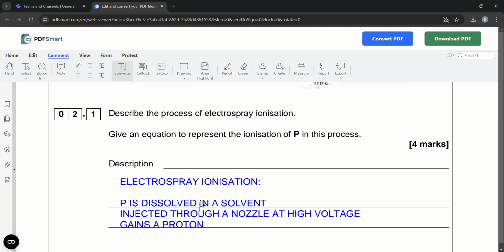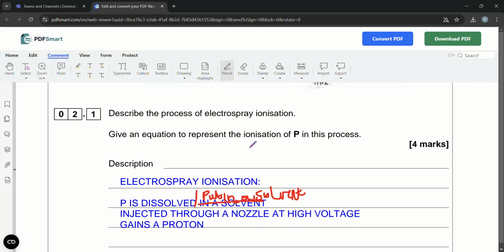Or we can say P is dissolved or put in a solvent, or added to a solvent, injected through a nozzle at high voltage, gains a proton.